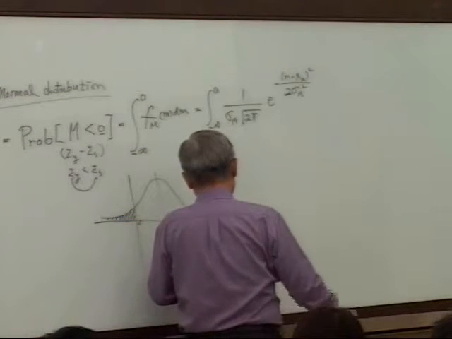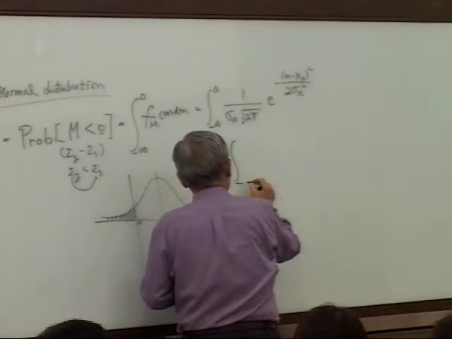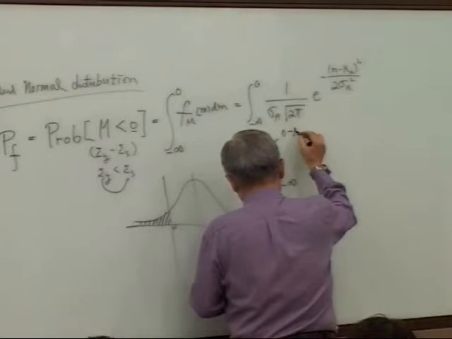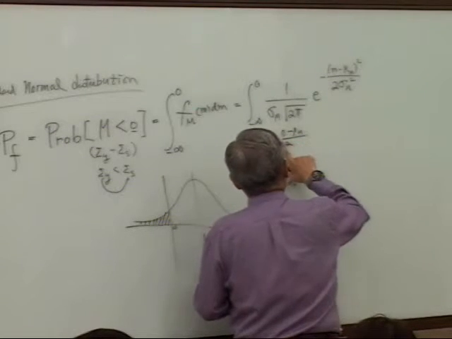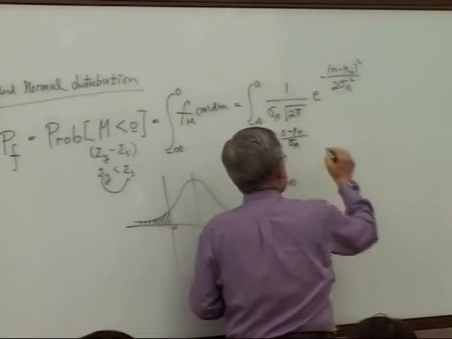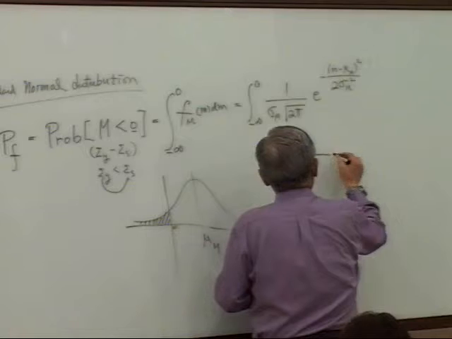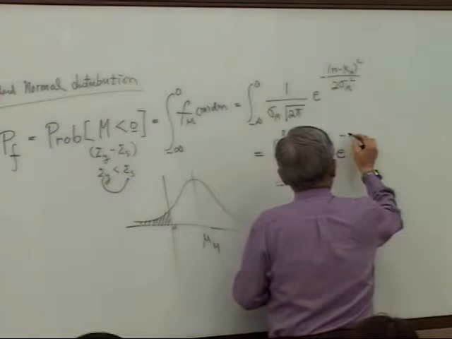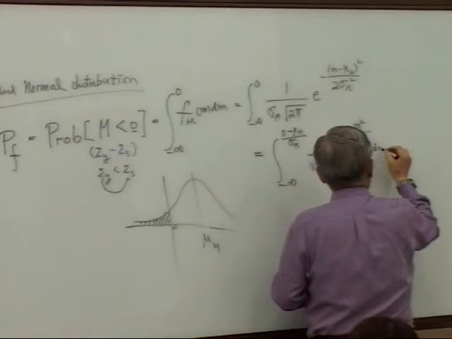Then I can change this into the form minus infinity to 0 minus mu m over sigma m, by the change of variables, 1 over root 2 pi e to the minus m squared over 2 dm.